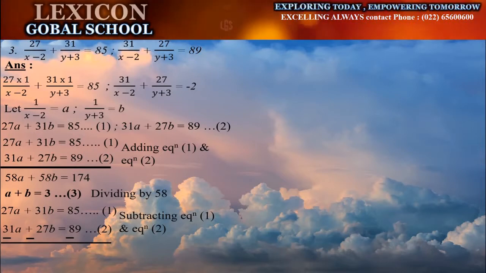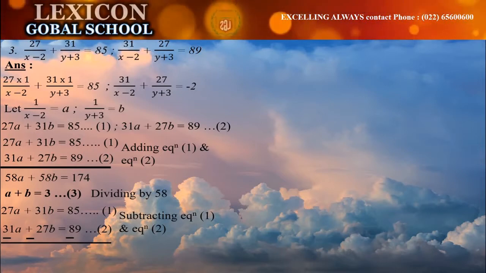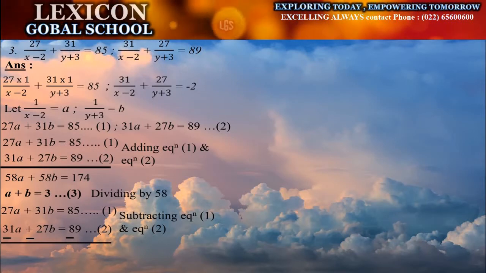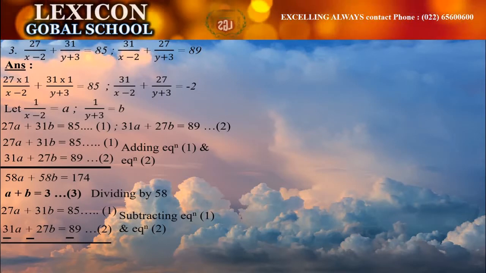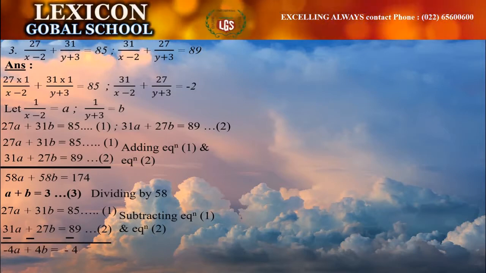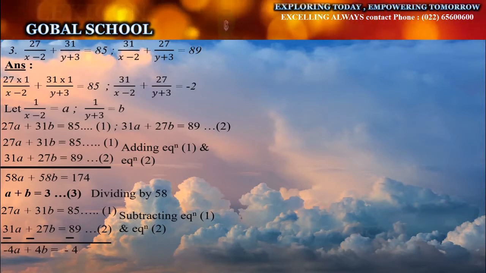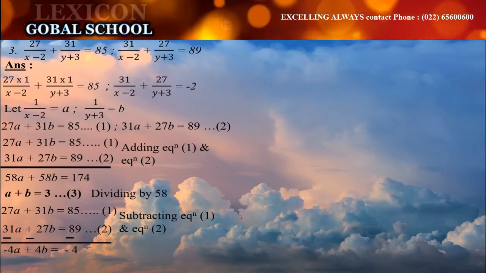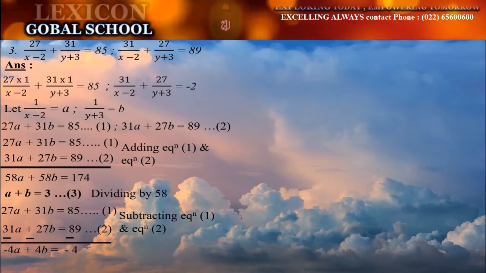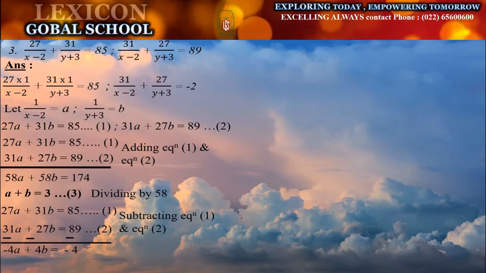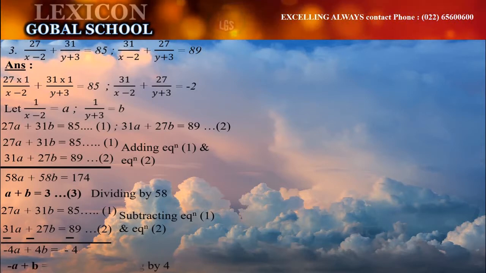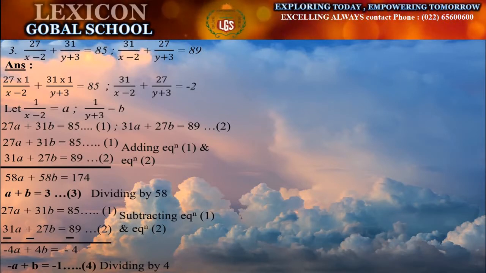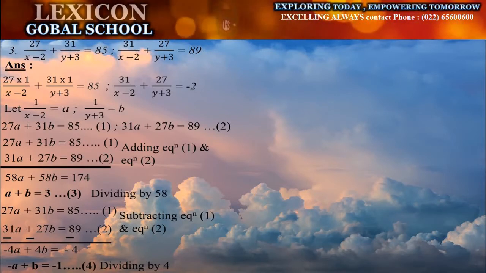So 31 would get a subtraction sign, 27 would get a subtraction sign, and 89 would get a subtraction sign. So 27 minus 31 will give me minus 4a, plus 31 minus 27 will give me plus 4b, plus 85 minus 89 will give me minus 4. Now we are going to divide this entire equation by 4. So minus a plus b is equal to minus 1 is our equation number 4.